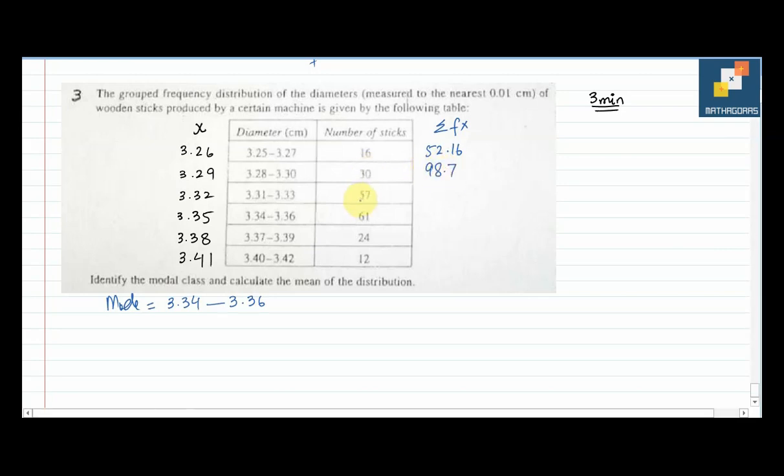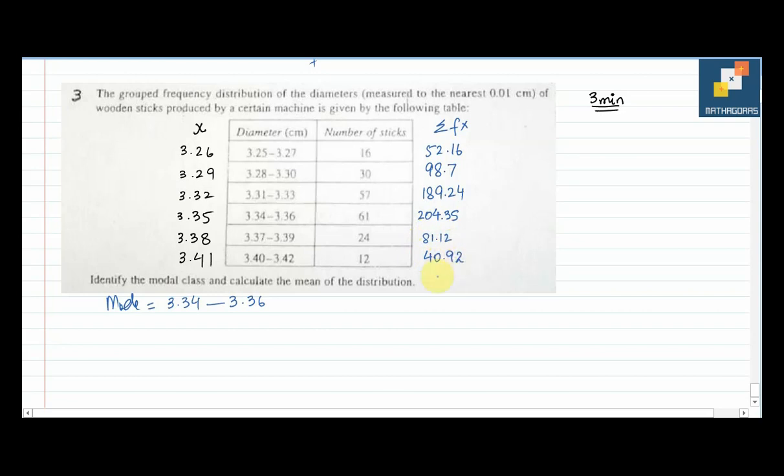After that, 57 multiplied with 3.32, it's 189.24. Further, it's 61 times 3.35, it's 204.35. After that, 24 times 3.38, 81.12, and lastly 12 multiplied with 3.41, it's 40.92. So these are the values of fx.